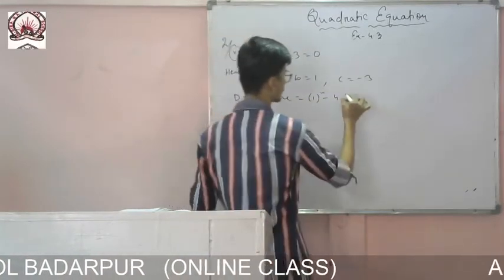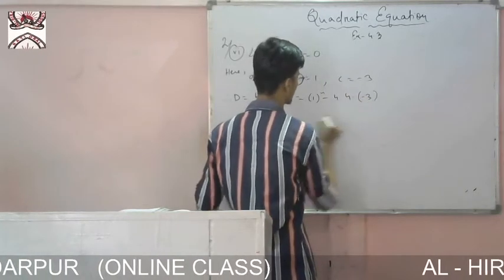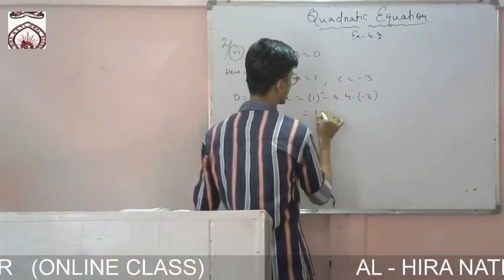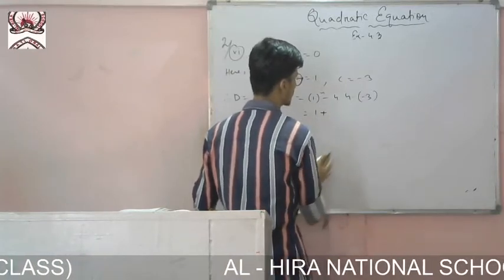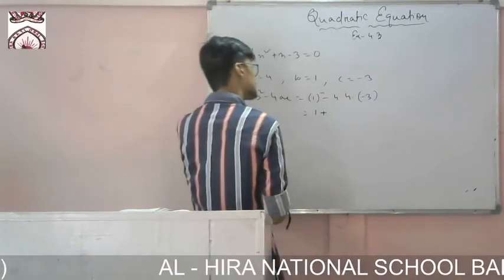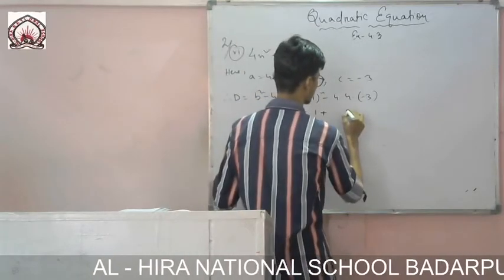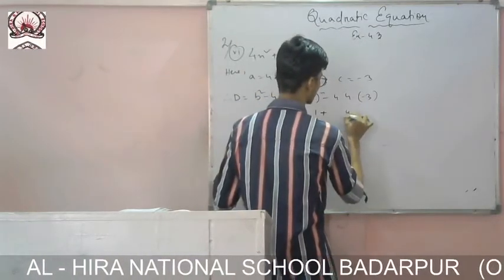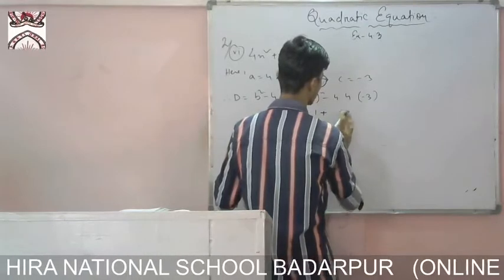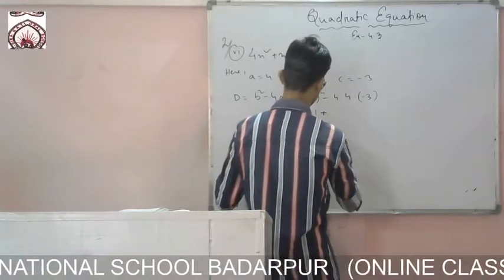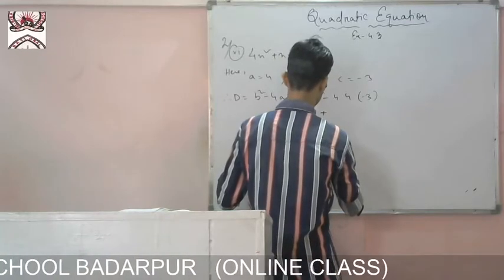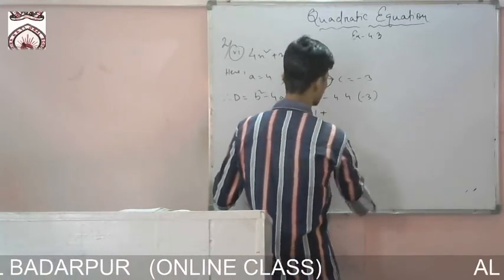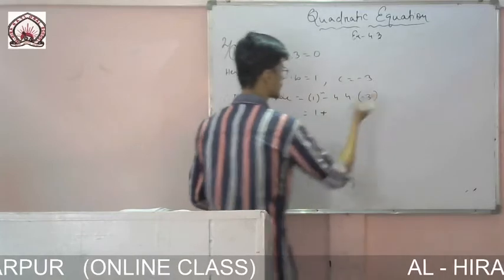A which one? 4. C which one? Minus 3. So 1 square, 1 minus minus, it will become plus. 4 fours are 16, and minus minus becomes plus, so plus 48.